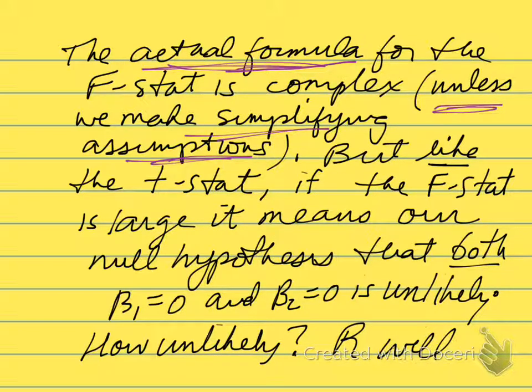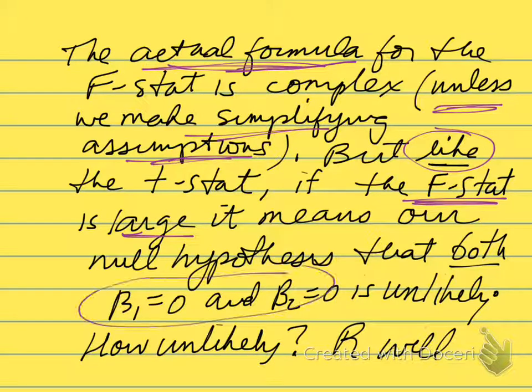But regardless of whether we know what the formula is, like the t-statistic, if the F statistic is large, then that means that our null hypothesis that both beta 1 equals 0 and beta 2 equals 0 is unlikely. So if the F statistic is very large, then the null hypothesis is unlikely and we should reject it. We might say, well, how unlikely?